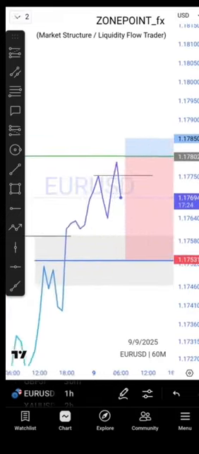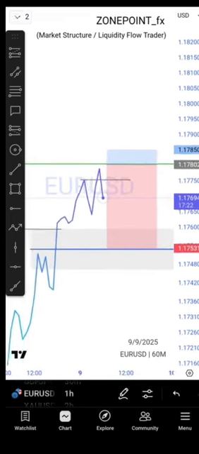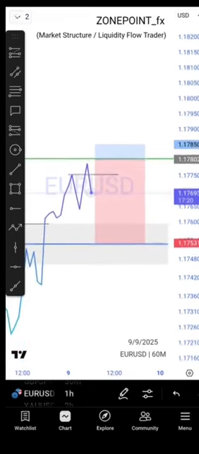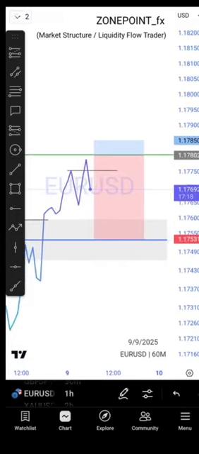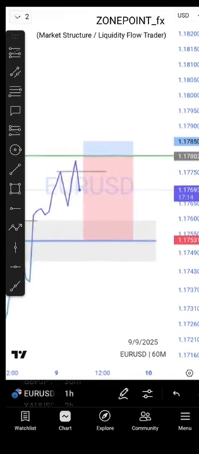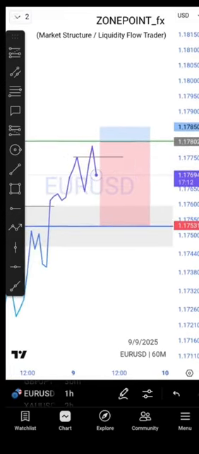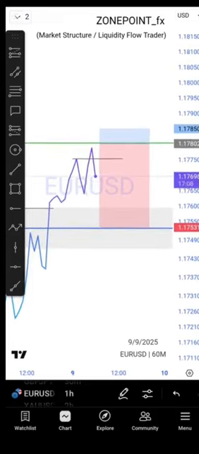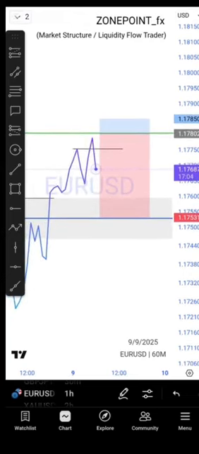There is a full video and knowledge about liquidity. Liquidity is another thing on its own, but if you understand liquidity very well, you can trade any strategy you want as far as you're applying liquidity to that strategy.